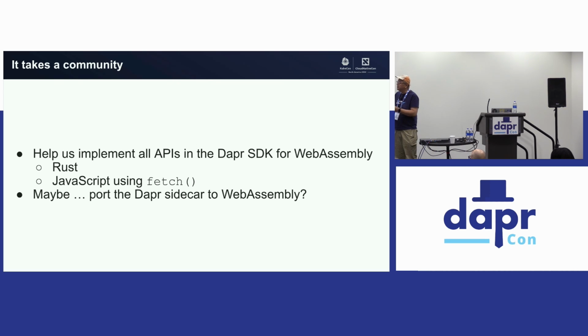A lot of the use cases I see for Dapr today are on the edge. When you go outside of the big data center, to the edge data center and the 5G network and things like that, having the sidecar itself in WebAssembly would dramatically reduce the whole system's footprint, and perhaps make it faster.